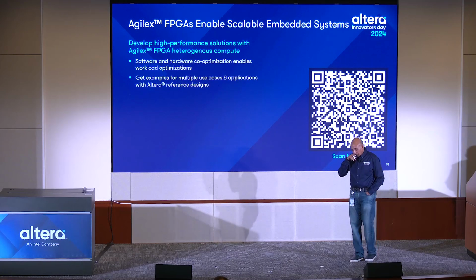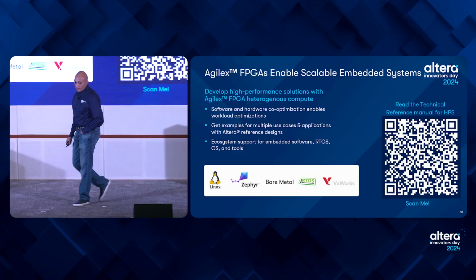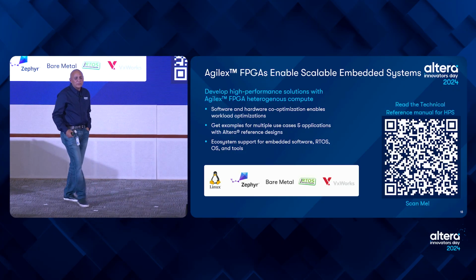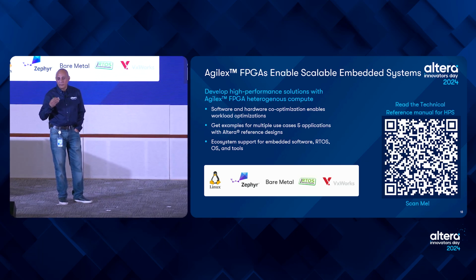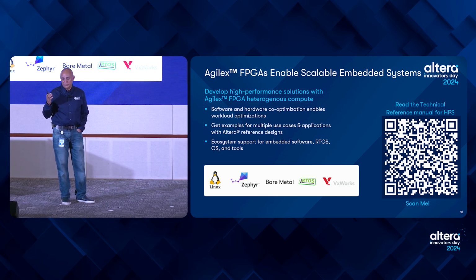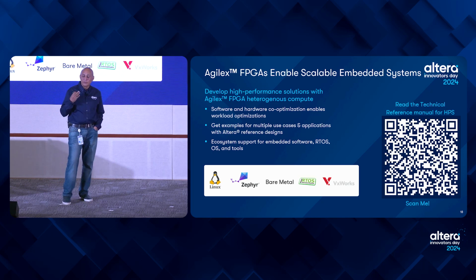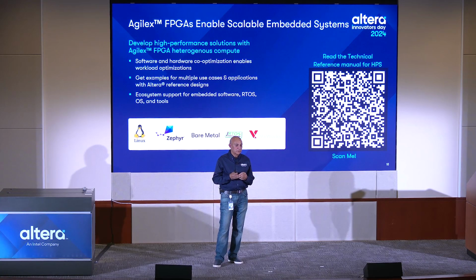I'll just try to wrap up here. In general, we've learned a lot about what is in the hardware for Agilex 5, and discussed some of the tools and what Wind River provides as support. I just want to recap what we talked about. From a workload perspective, Agilex 5 enables hardware-software co-optimization.